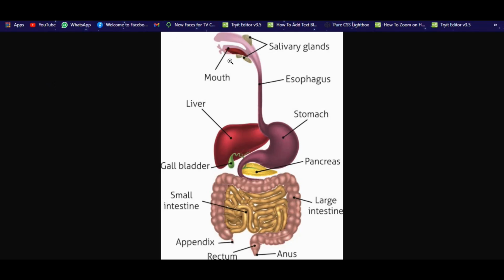And of course, we know the mouth would be around here on this side. Let me zoom out first. We have the mouth on this side, as well as the salivary glands. But the most important part is starting from the esophagus, leading down here, because we know what process happens in the mouth.